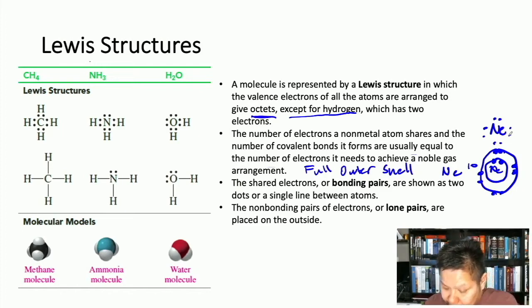The shared electrons or bonding pairs are shown as 2 dots or a single line between atoms. So you can see here we have a bond between carbon and hydrogen right here, right? And it is shown as either 2 dots or a line, right? And then non-bonding pairs of electrons, also known as lone pairs, are just outside.